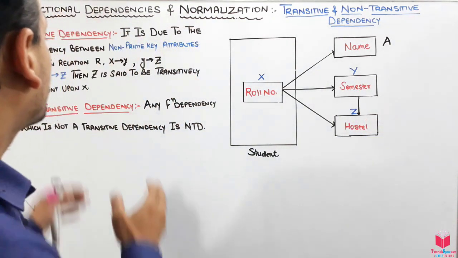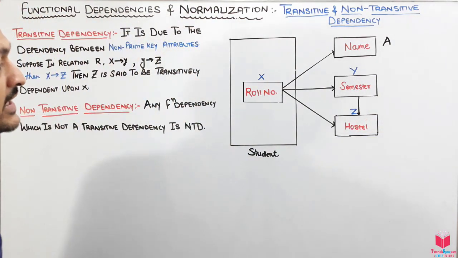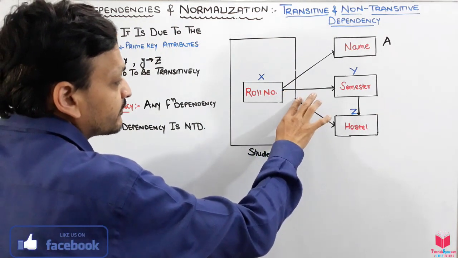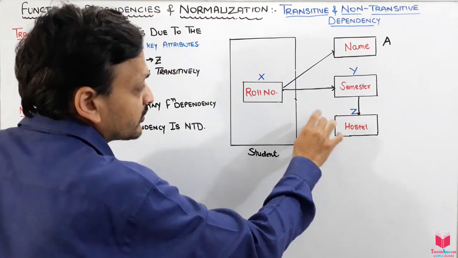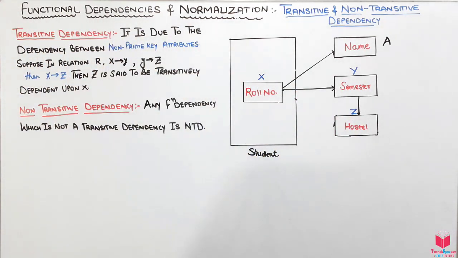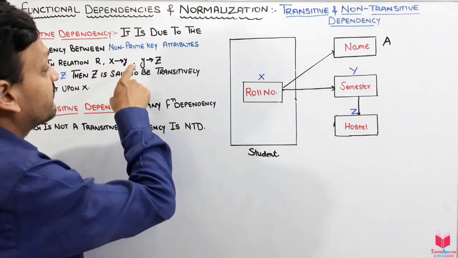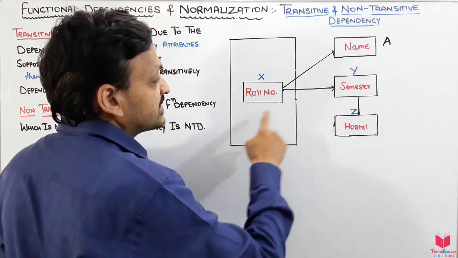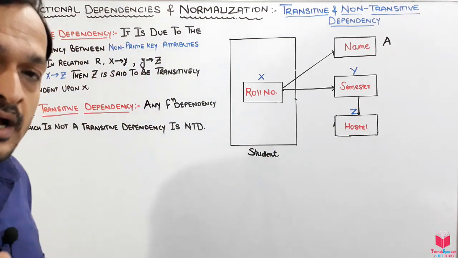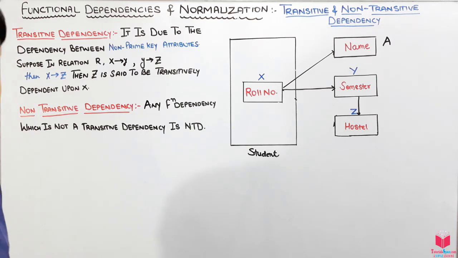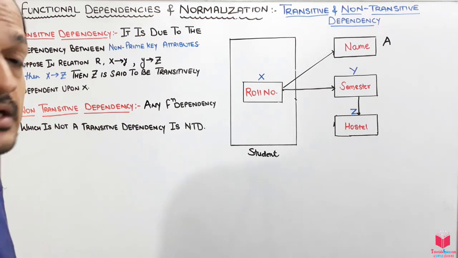Okay guys, and from this relation we find these dependencies. See, first of all, let me remove this one, then it will be quite easy for you. We are matching this relation from this. See X, Y: Y is functionally dependent on X, that means semester is functionally dependent on roll number. If I give the roll number, can I find the semester? Yes, I can find the semester of that student if I have a roll number.